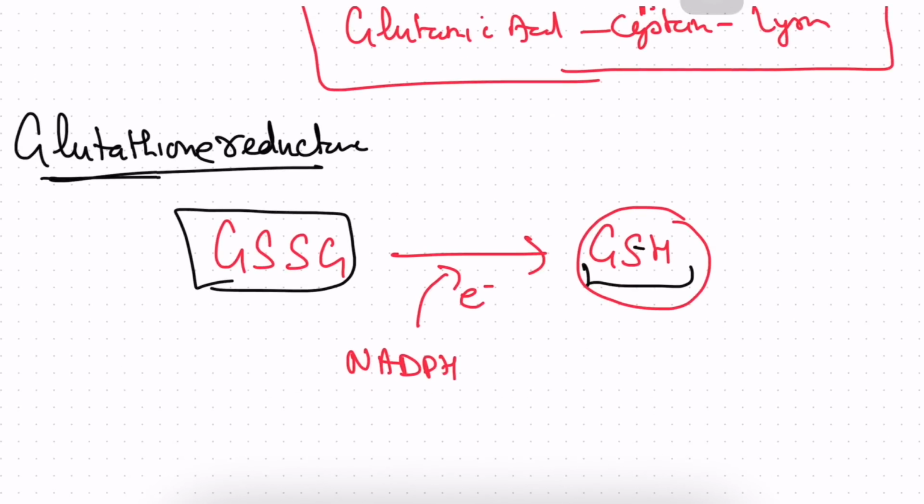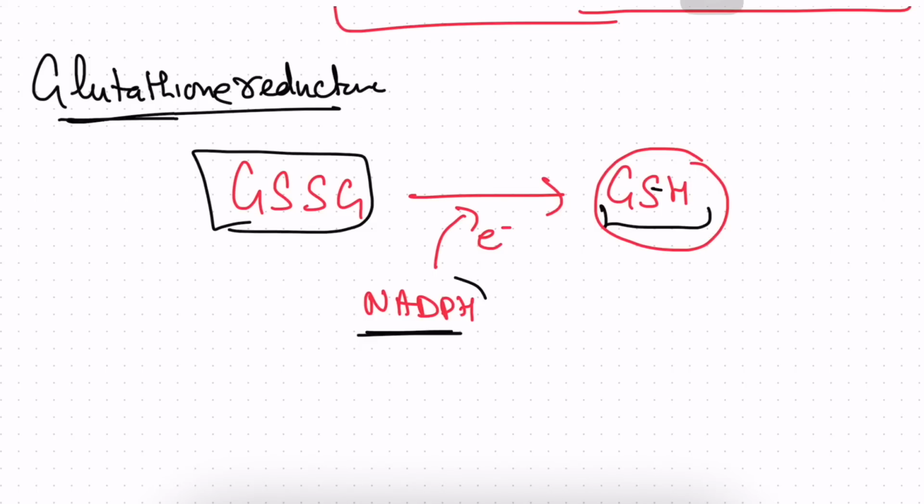Now here, there is a requirement: there must be a supply of NADPH. Within the cell, how is NADPH produced?